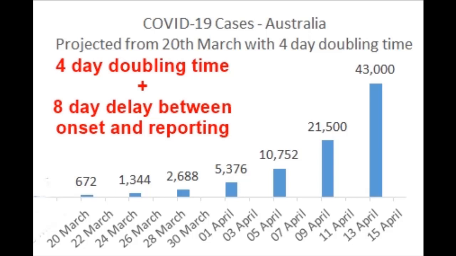But their illness is on average 8 days earlier. And as you know, 8 days is equal to 2 lots of 4-day doubling times. So that means even though we have 336 cases reported on the 16th of March, that's actually looking back 8 days to onset.